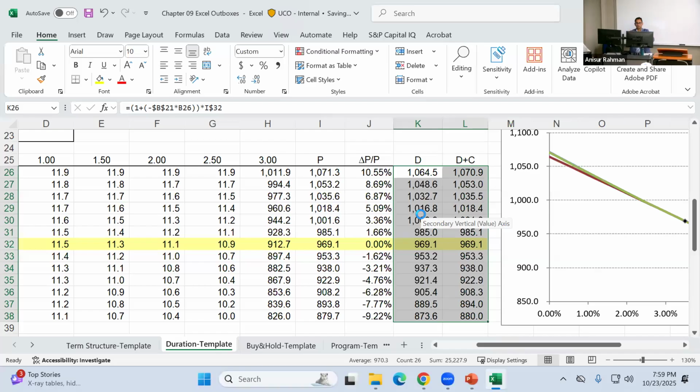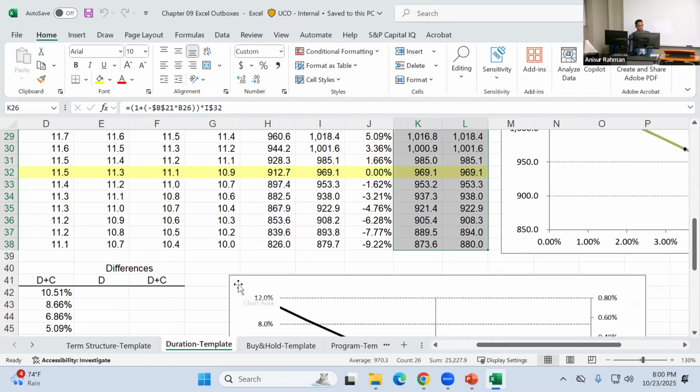Okay. Without formatting, yeah. Make sure you have the same numbers.